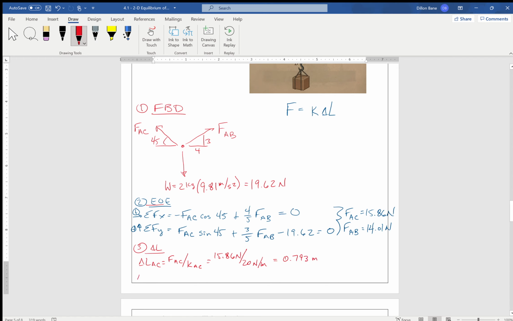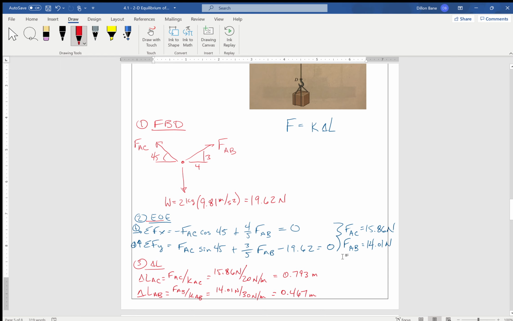Repeating the same process for delta AB, it's just force AB divided by K of AB, and that is 14.01 newtons divided by 30 newtons per meter. And what we find is that the delta L of AB comes out to be 0.467 meters.